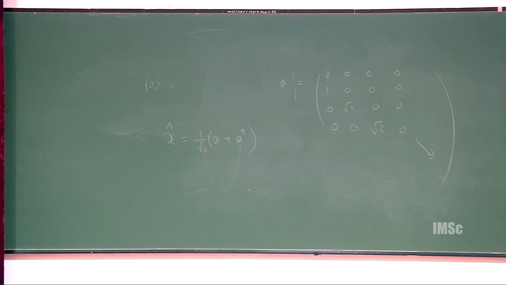Similarly, the momentum is a matrix operator. Acting on the space of states which are labeled by 1, 0, 0, 0, 1, 0, 0, 0, 0, 2, all those things, the collection of all such states, your X hat operator is simply this.